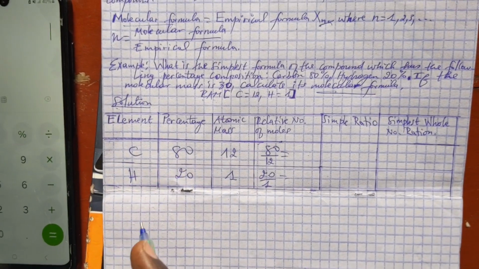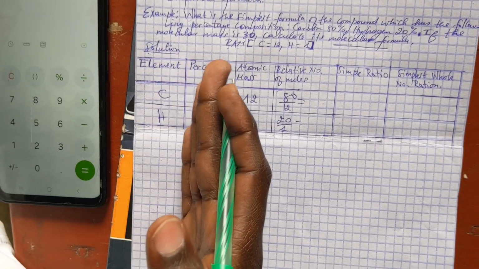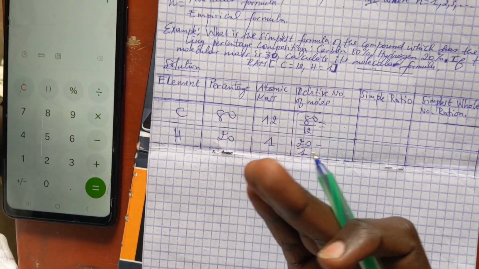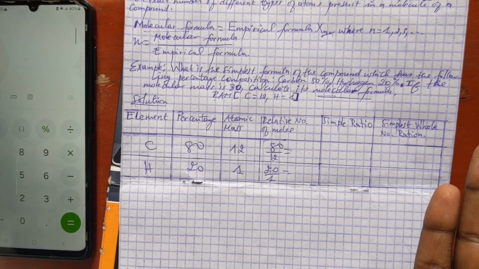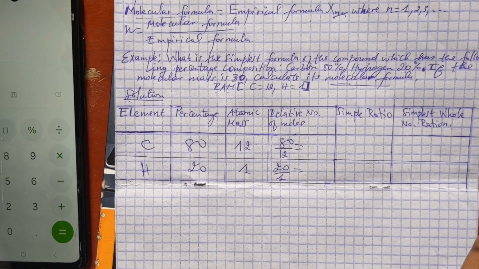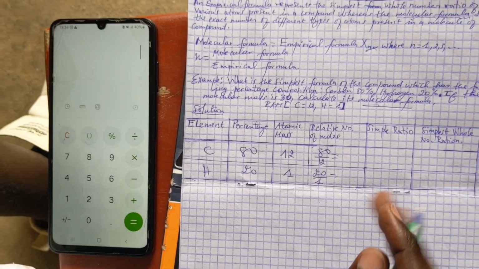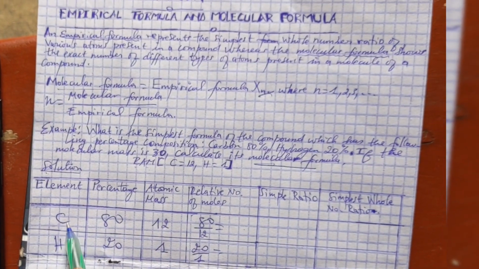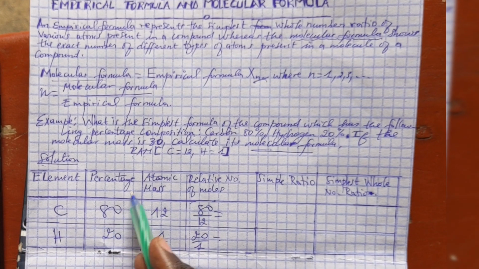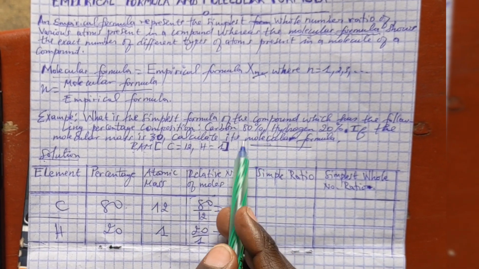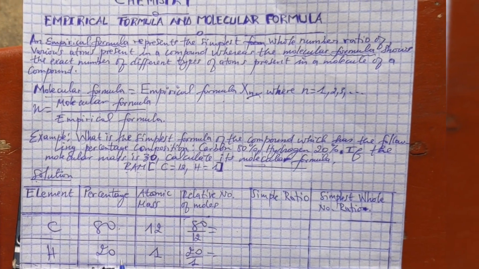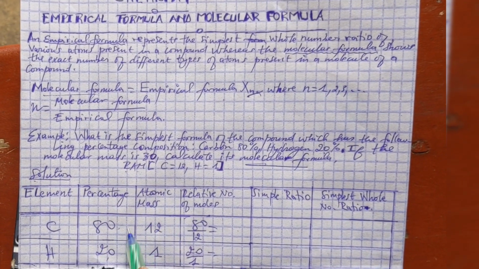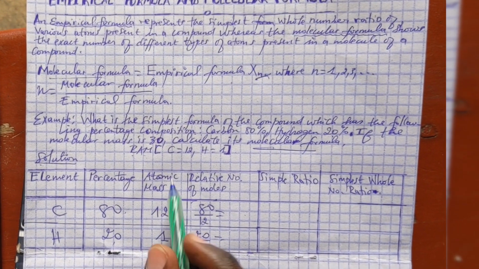So the solution is, here we need to write the element, its percentage, its atomic mass, its relative number of moles, the simple ratio, and the simplest whole number ratio. So here we have carbon, which has 80%, and hydrogen, which has 20%, and the atomic mass of carbon is 12.